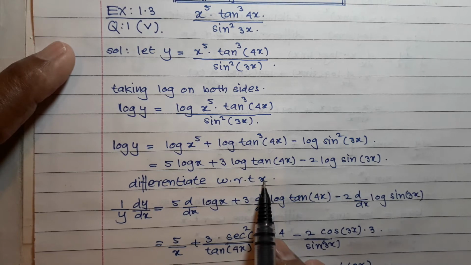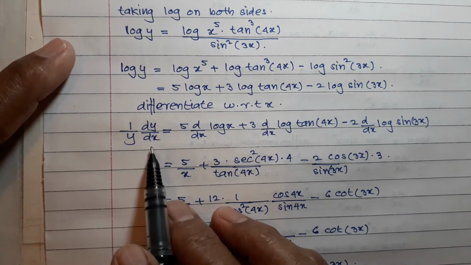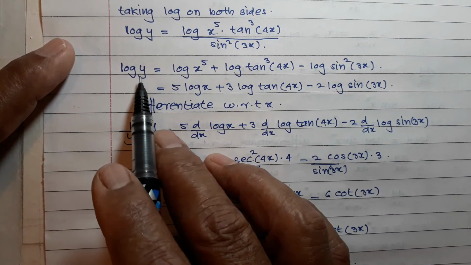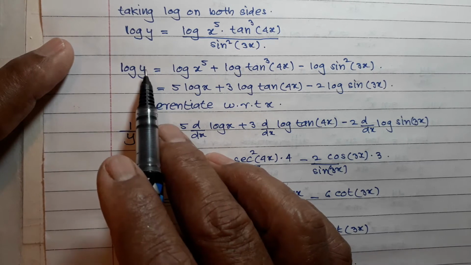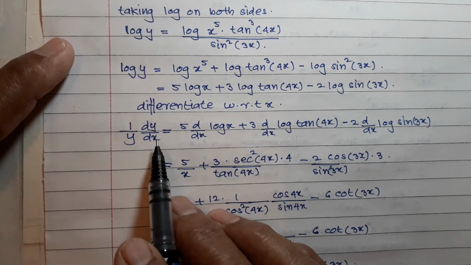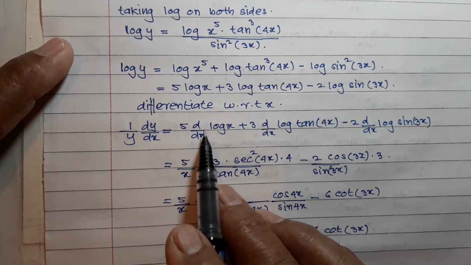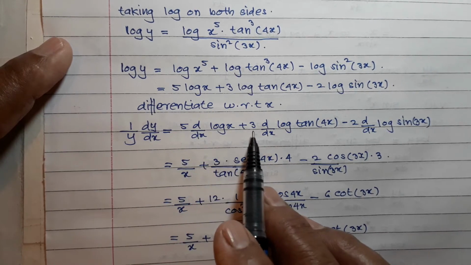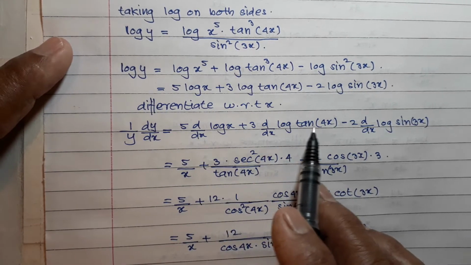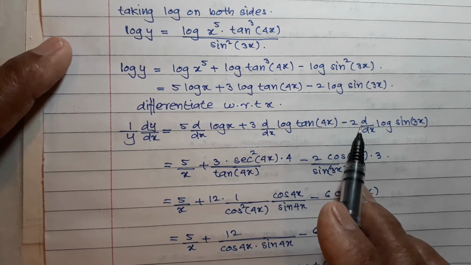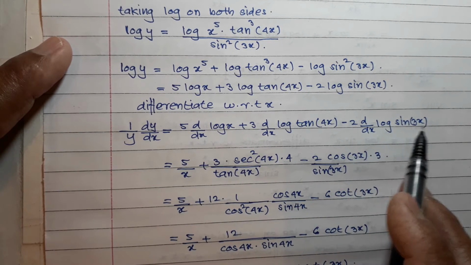Differentiate with respect to x. 1 upon y dy/dx is equal to 5 d/dx log x plus 3 d/dx log tan 4x minus 2 d/dx log sine 3x.